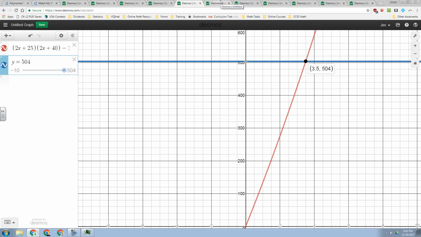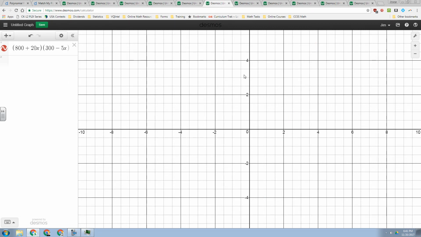All right, now on to 58 and 59. Now those are those problems that we talked about, similar to the one in class, where we increase price and or decrease price and increase the number we sell. And so x is the number of price increases. So our formula is 800.